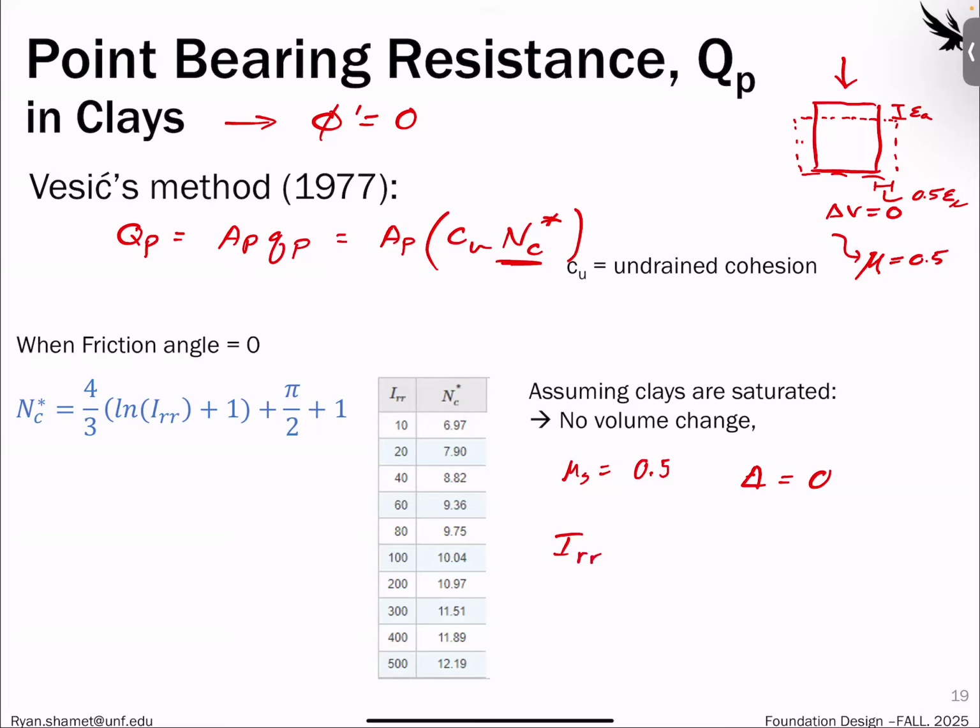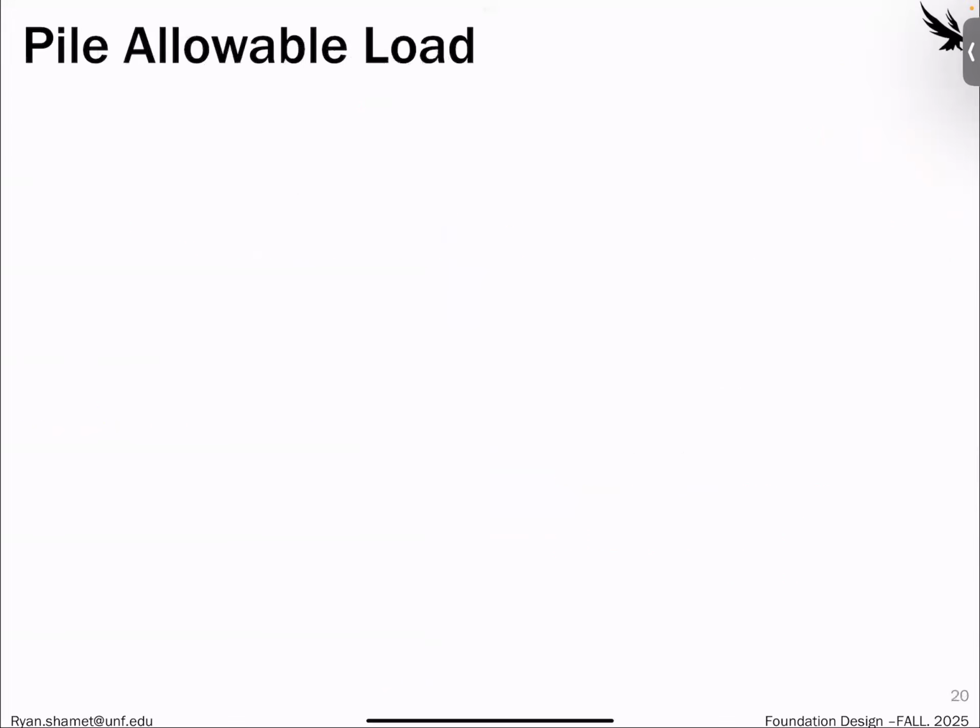The reduced rigidity index is actually equal to the normal rigidity index, which is estimated using this, 3 times the undrained shear strength. So these are estimates based off of the primary soil type, whether you have sands or clays.